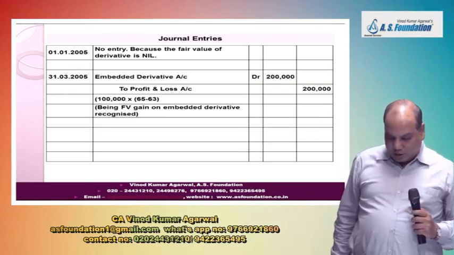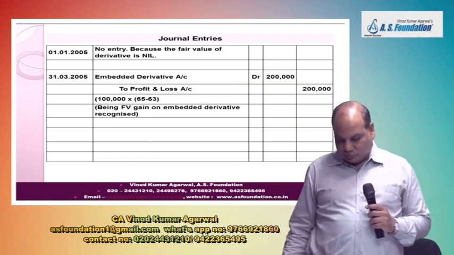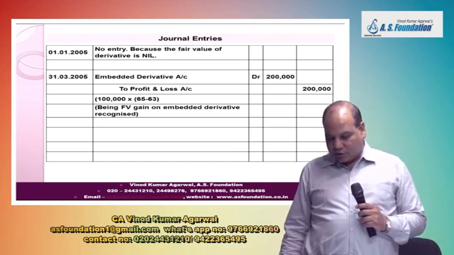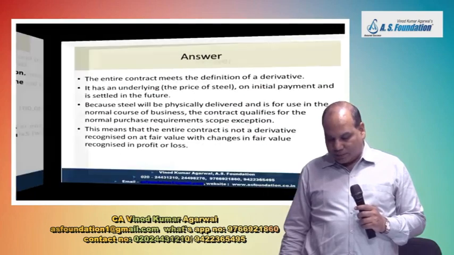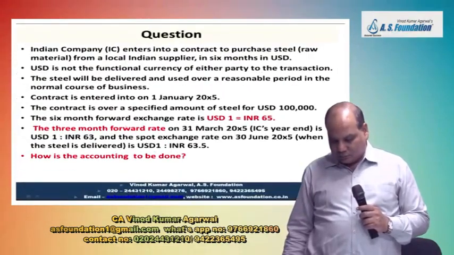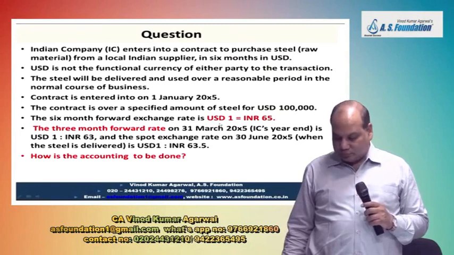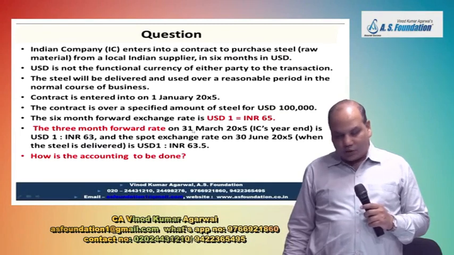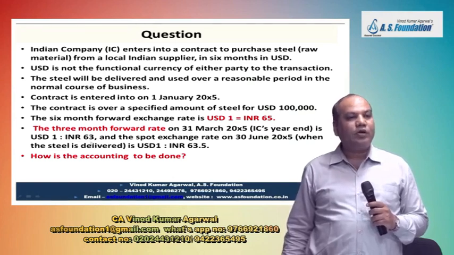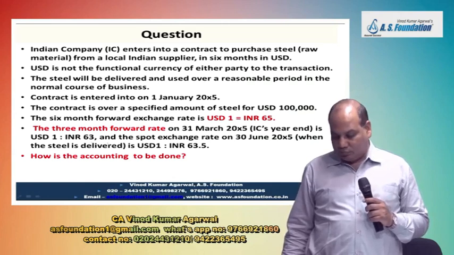Now the year ending date, if you see the question, 31st March. First I'll go to the question to explain. The 6-month forward contract rate is 65 in the market for US dollar. But when I go to 31st March, I find that the 3-month forward rate for dollar is now 63.